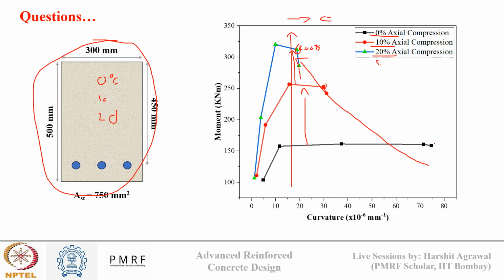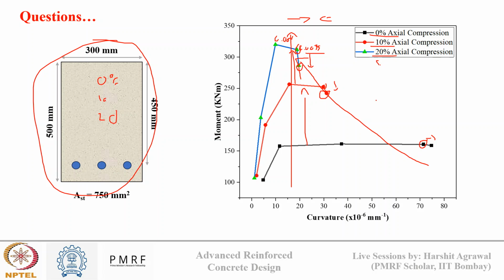You can see as we go above the concrete crushing strain, the moment capacity starts to decrease again. And from 0.002 to 0.0035 we saw there is a very slight decrease in the moment capacity, or it is almost equal. But above 0.0035 there is a decrease in capacity that happens, irrespective of the section.